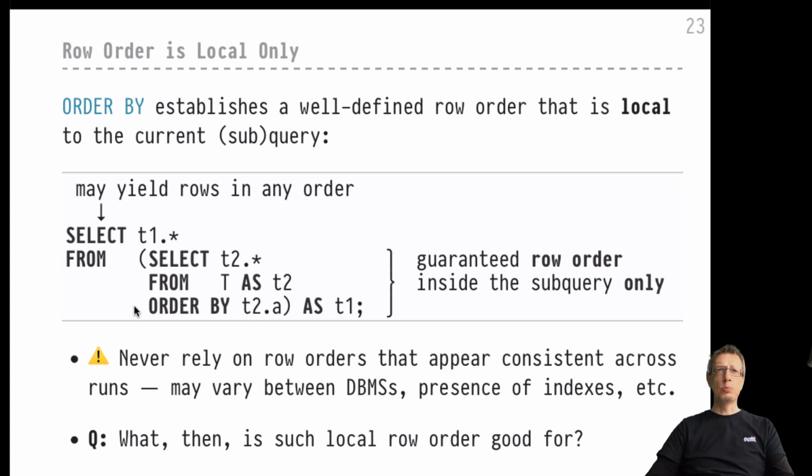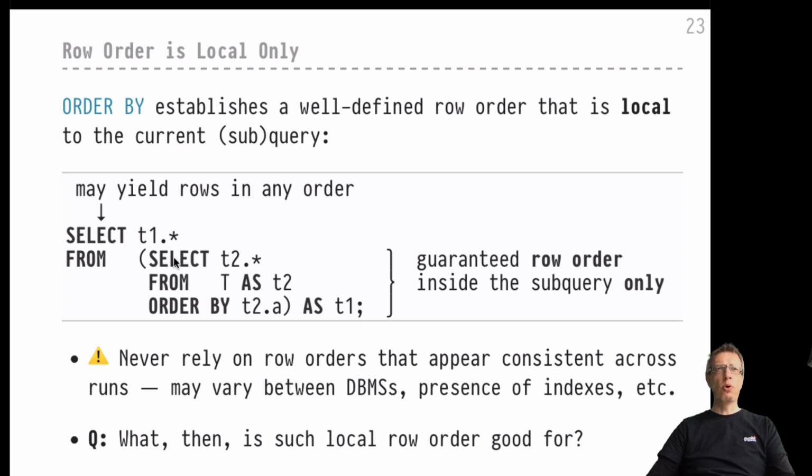Even if you try this particular query in your Postgres installation now, and you will see that the outer query produces the rows in the order of the subquery, so in A ascending order, that's a pure coincidence. Never rely on that. Plan changes, index changes, any contextual changes inside the database system may lead to varying row orders if you don't use an order by in this particular query. Never rely on such row orders without an explicit order by.